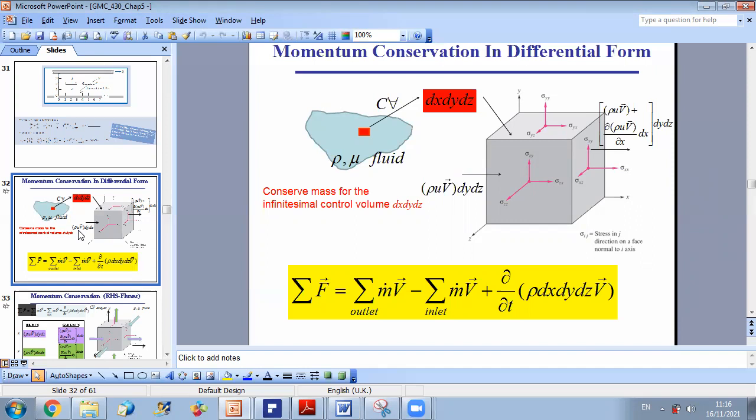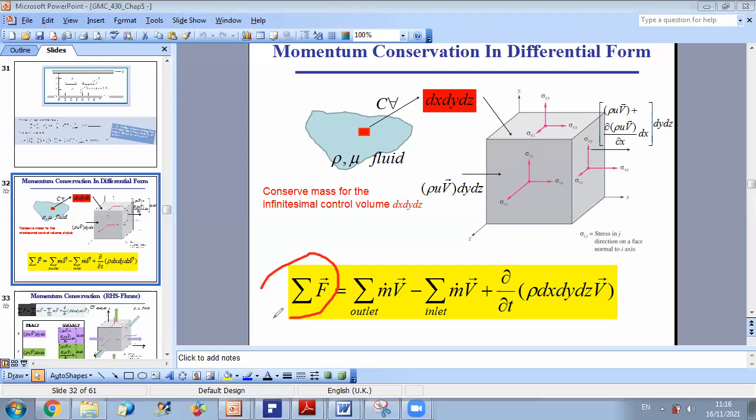This means that we have to apply the Reynolds transport theorem on V to get the linear momentum equation. And no need to do any integral here because you have just one small element. So if you apply the linear momentum on this small volume, you get sum of external forces acting on the system is equal to sum of linear momentum fluxes at outlets, so sum of m dot v.